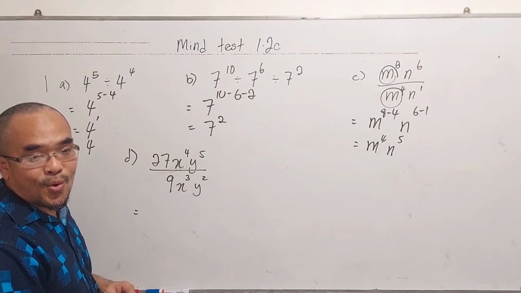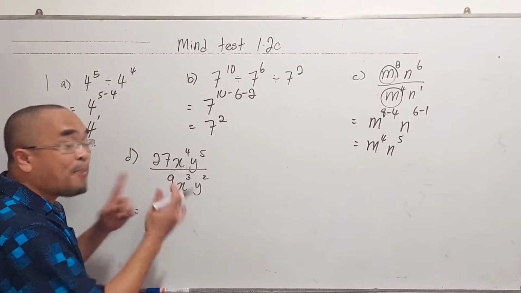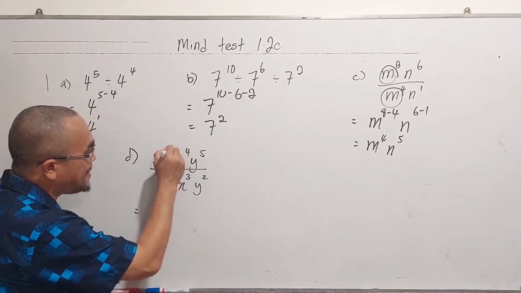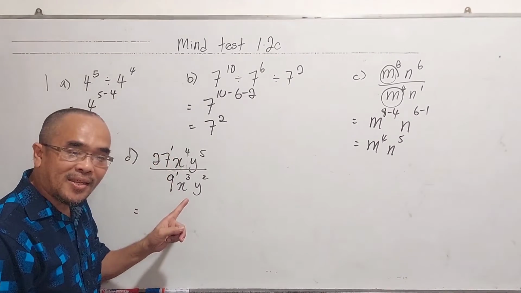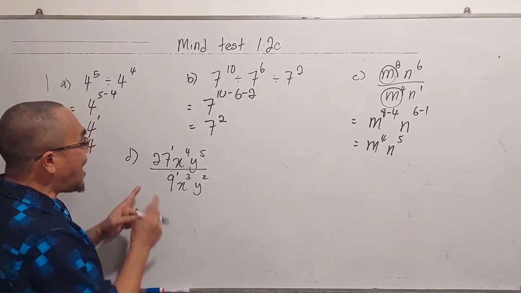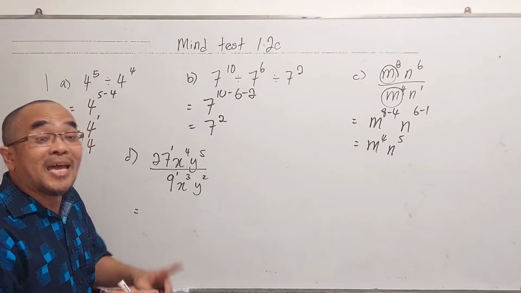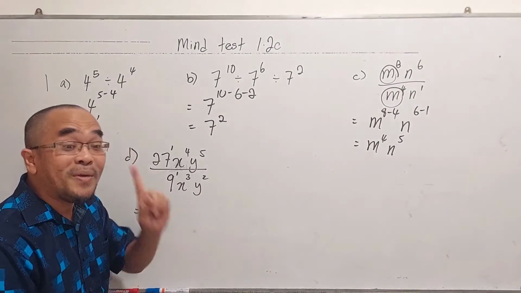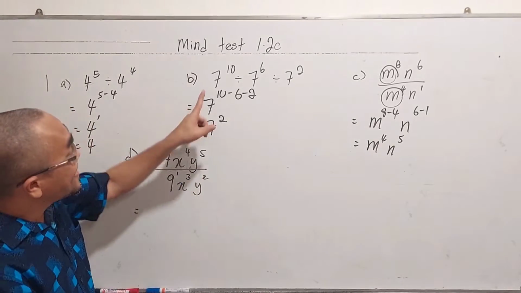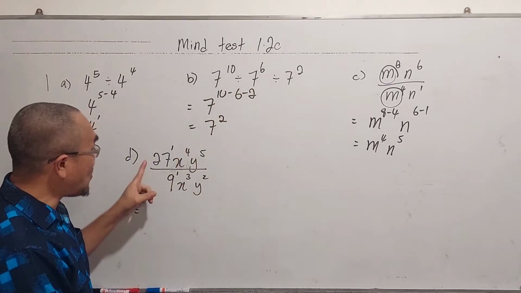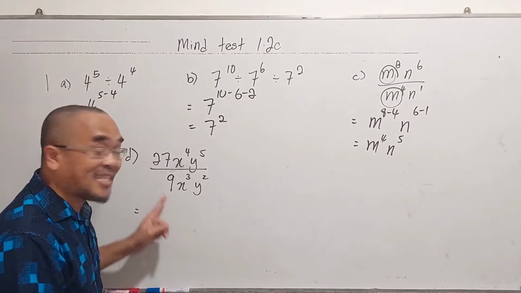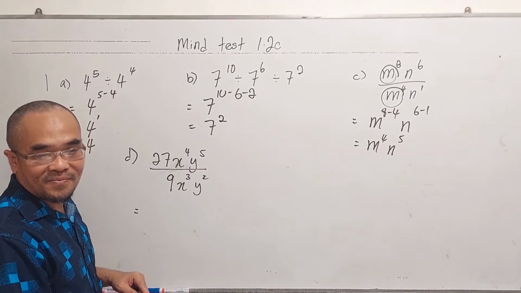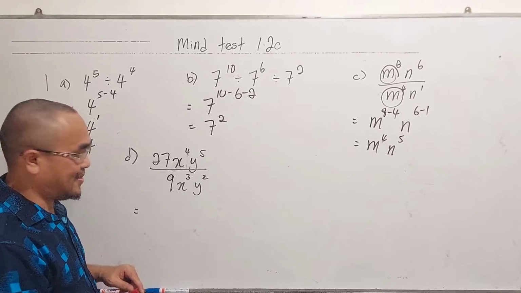No, that minus is about the index. The first condition is that it has to be the same base. This is 27 and 9, just normal numbers. So 27 divided by 9 is 3.